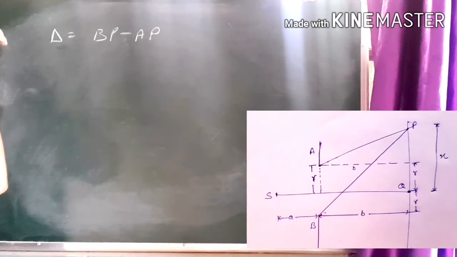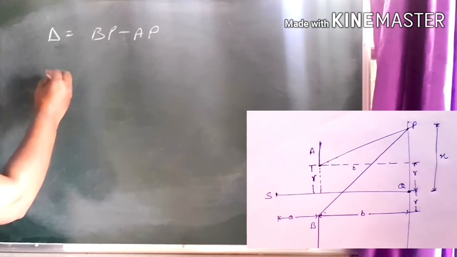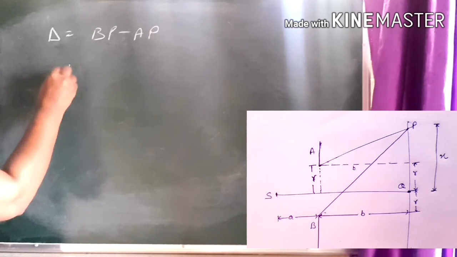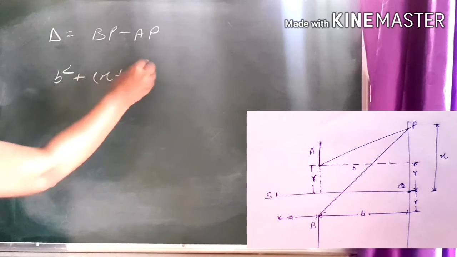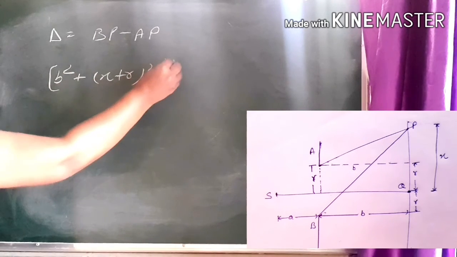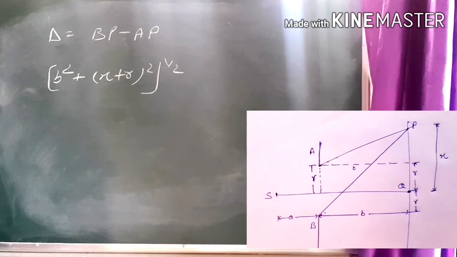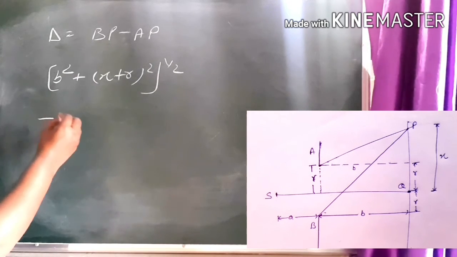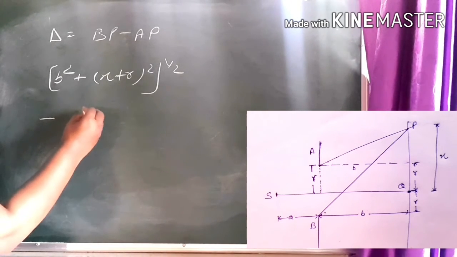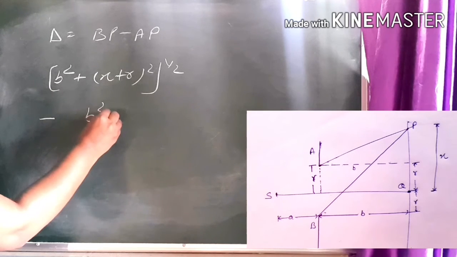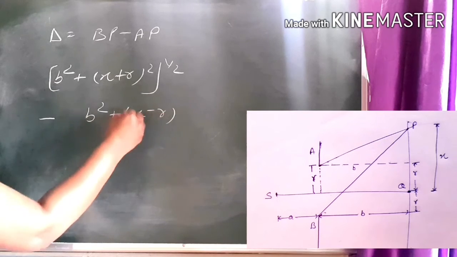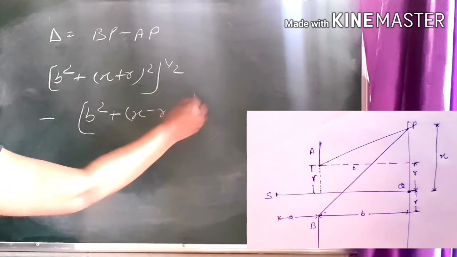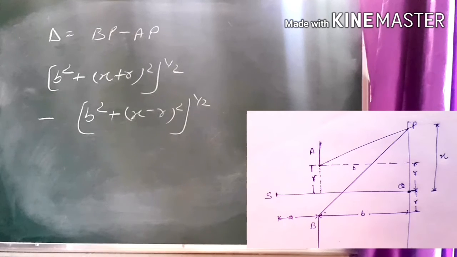From this figure we can see clearly BP is equal to (b square plus (x plus r) square) raised to power 1 by 2, and AP is equal to (b square plus (x minus r) square) raised to power 1 by 2.